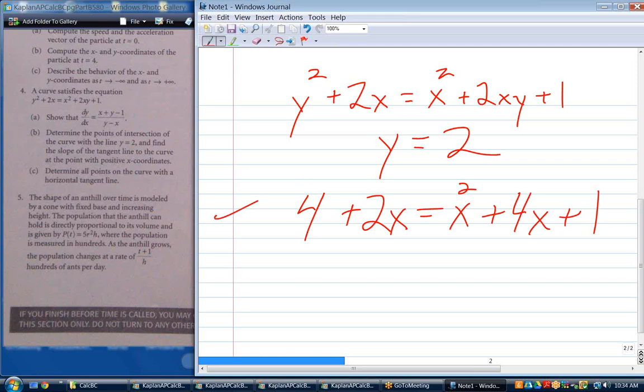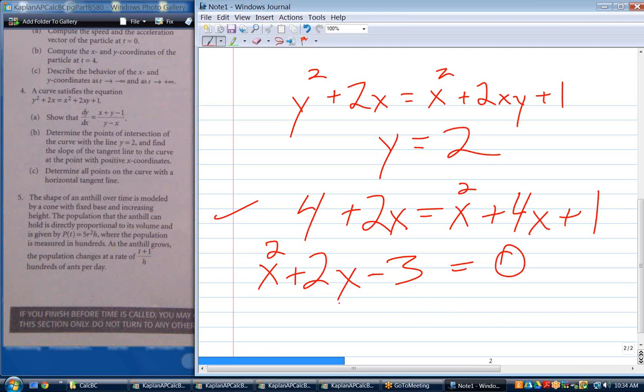It's a quadratic. We would expect 2 solutions. So let's get everything on one side. Then we'd have x squared plus 2x minus 3 equals 0. So for the quadratic, a is 1.